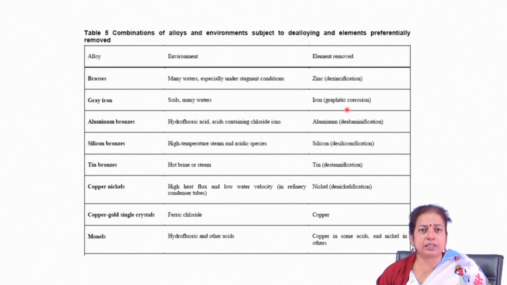After the leaching away of the iron from the surface, you will find that the surface gets softened, and you can take out material from the surface by simply nailing. So, this is called graphitization.